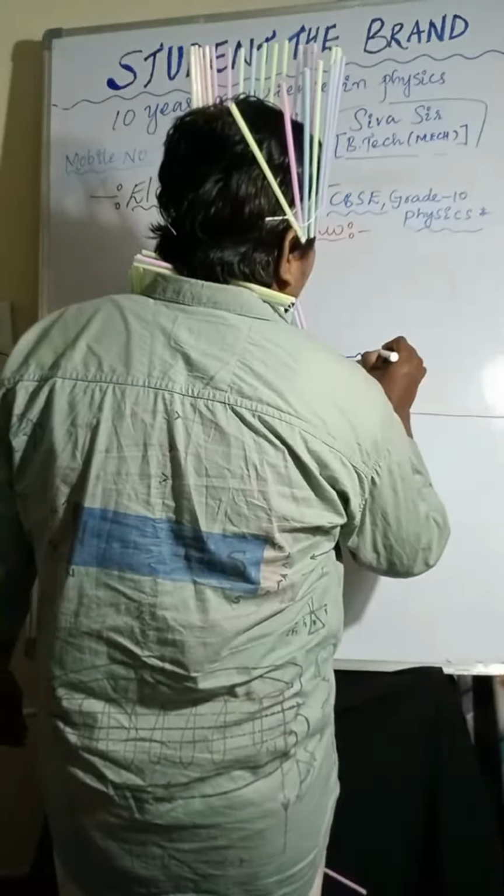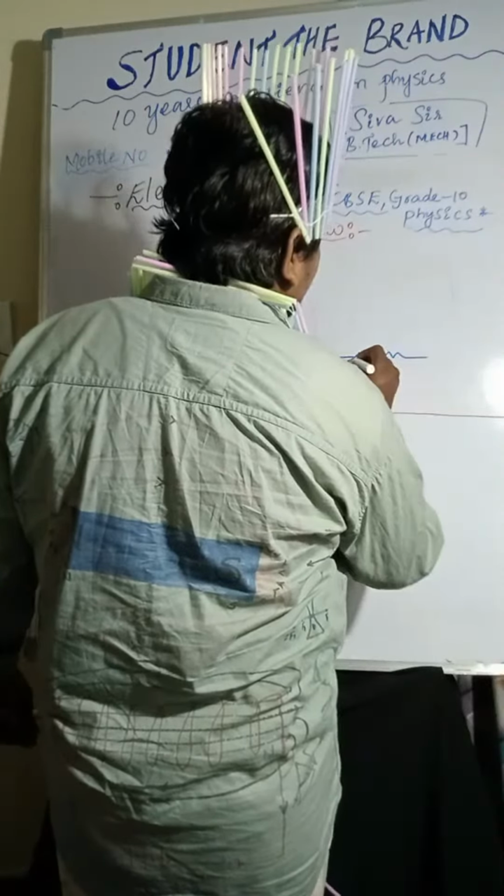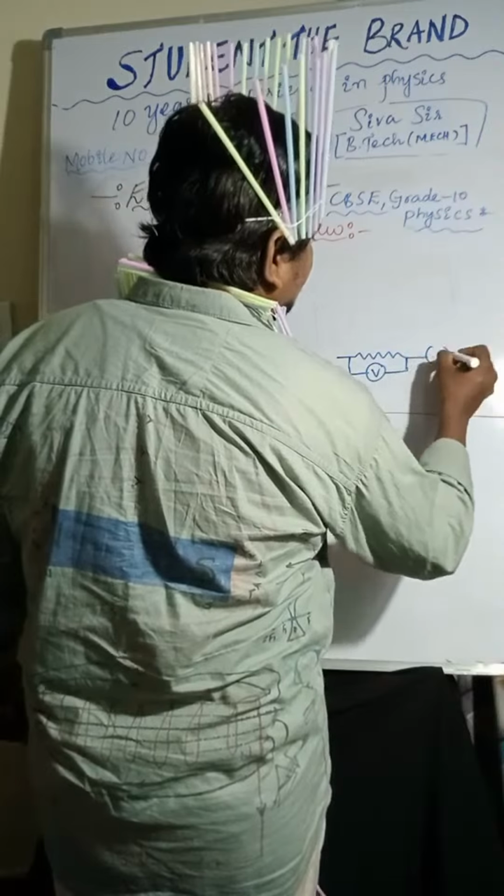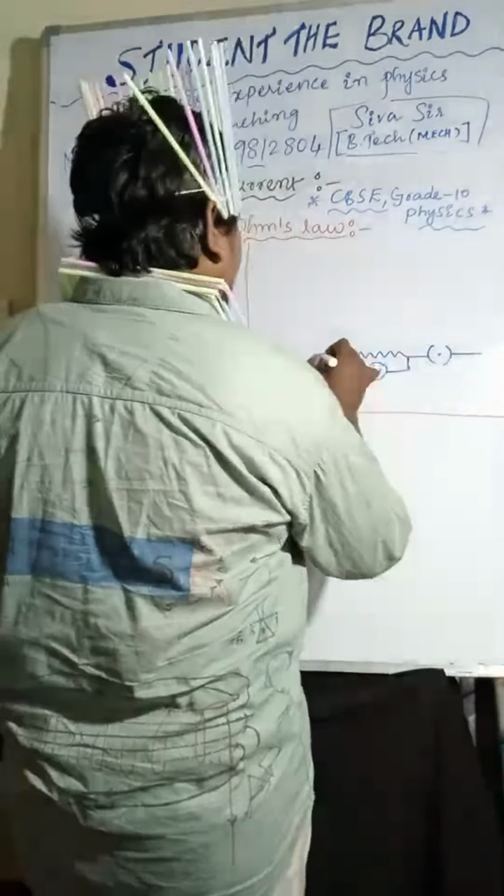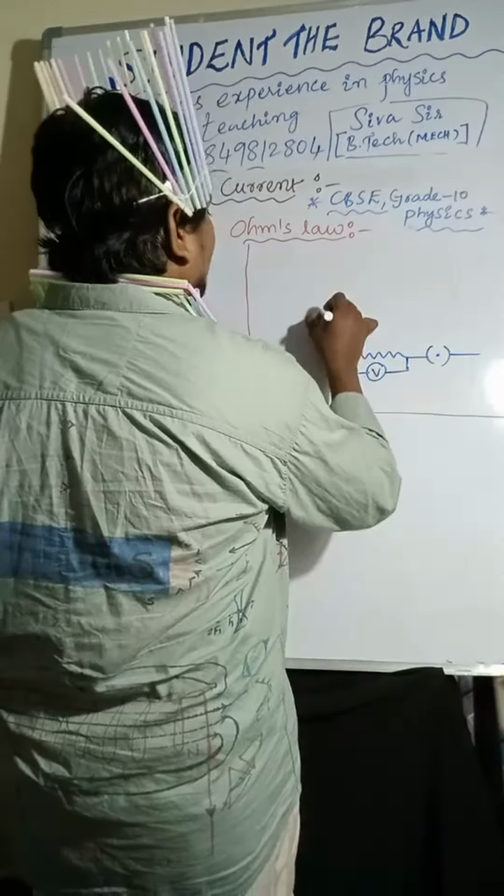Resistor. So here I am taking the resistor across potential difference. Switch. I'm taking ammeter.